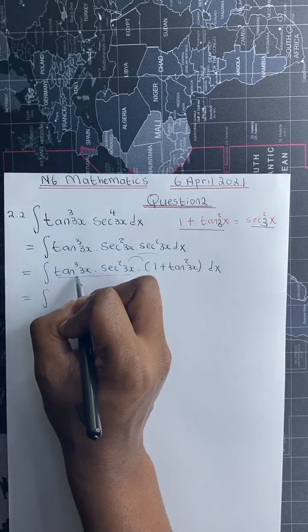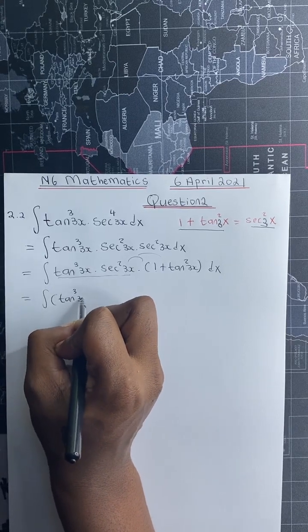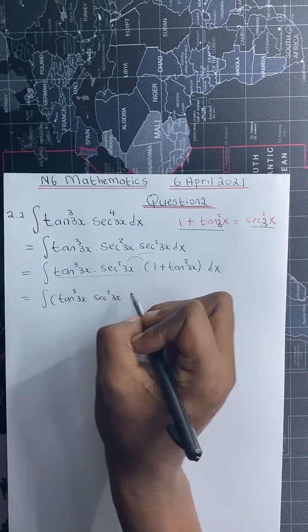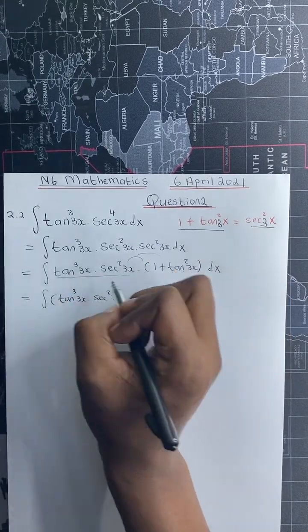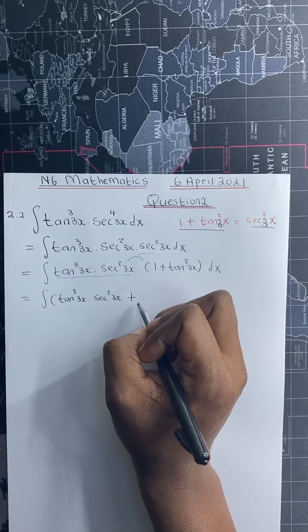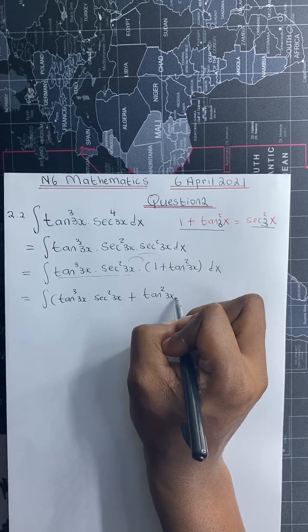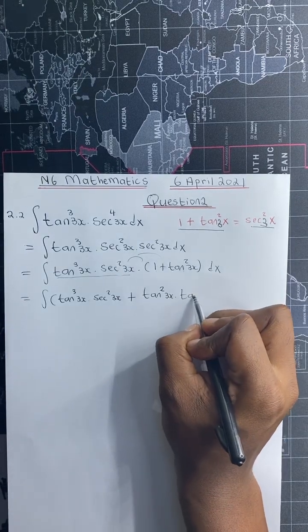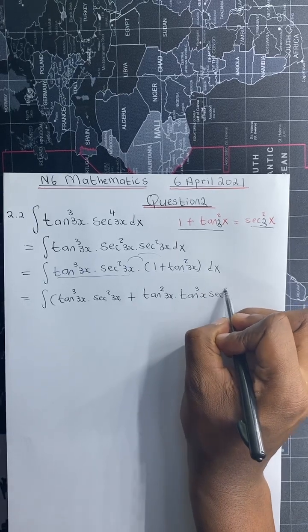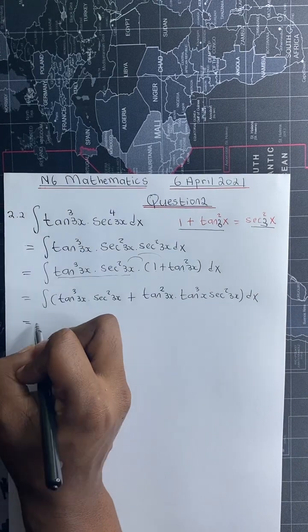So 1 multiplied by that will be equal to tan cubed 3x sec squared 3x, and tan squared 3x multiplied by tan cubed 3x sec squared 3x dx.